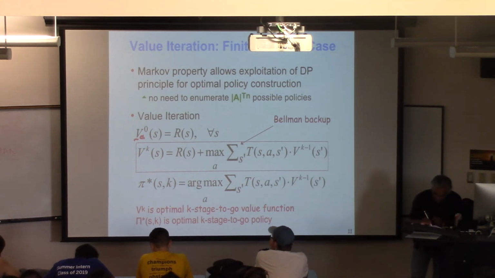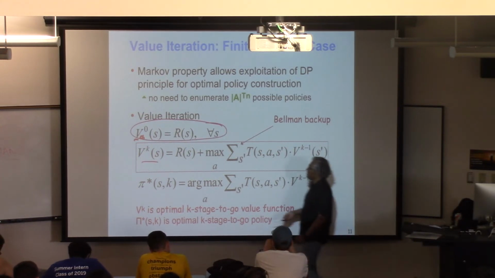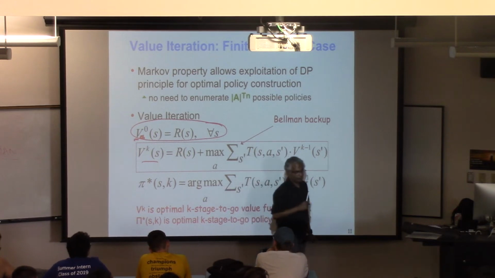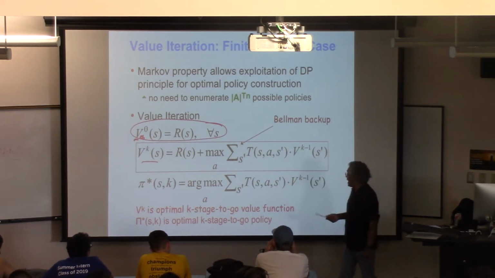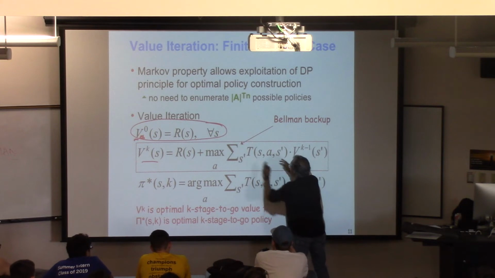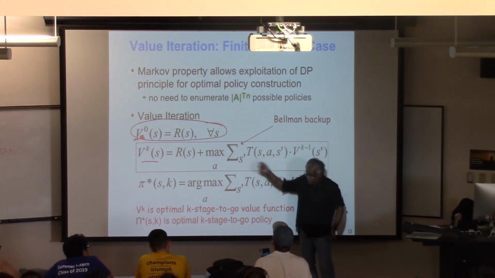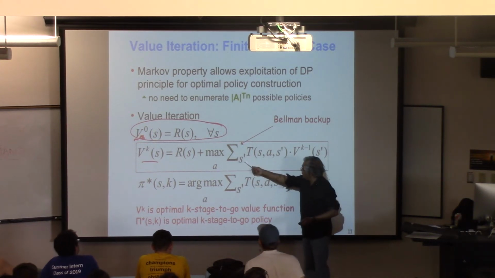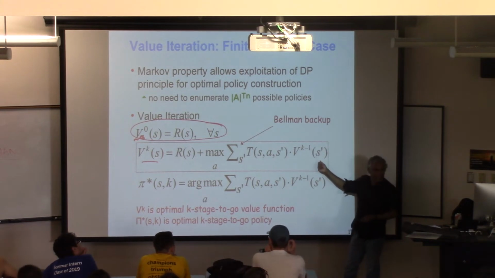So that's V0 of S is R of S. And then Vk of S is R of S plus, remember previously for value computation, what you did was you did something like this for the action that you are supposed to do in that state.